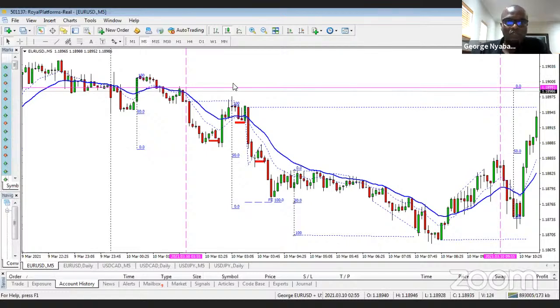We had a test of that initial bear breakout. And again, the bulls failed to close above that. We then had a resumption of the bear move. So beneath that, that's where I entered my trade and stopped above here. And as you can see, the market moved in my direction.